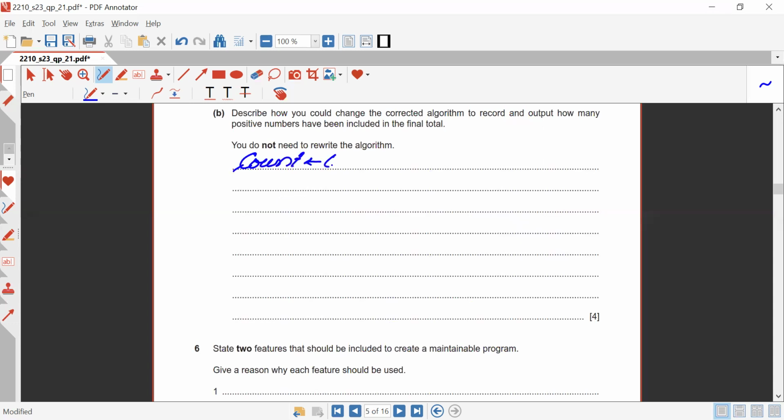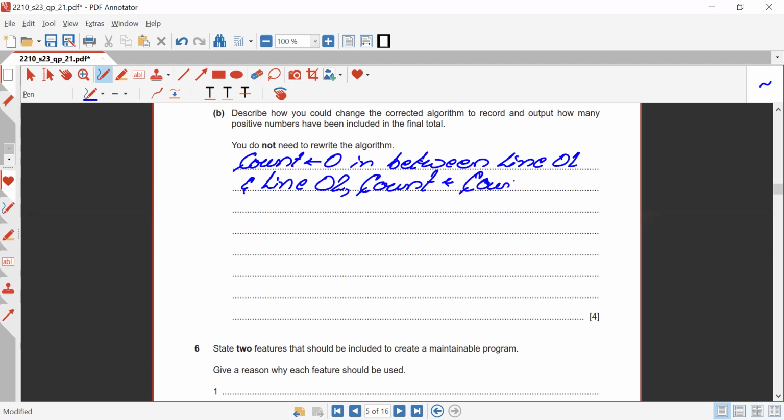Count initialize to 0 in between line 1 and line 2. First thing, count should be provided with a value count plus 1 in between line, I think it was 5.